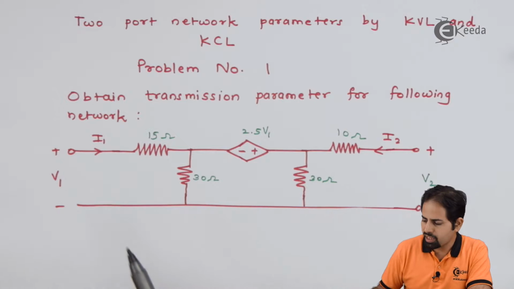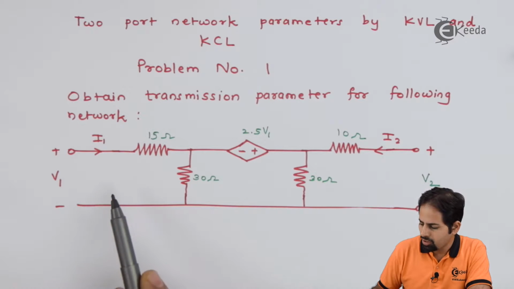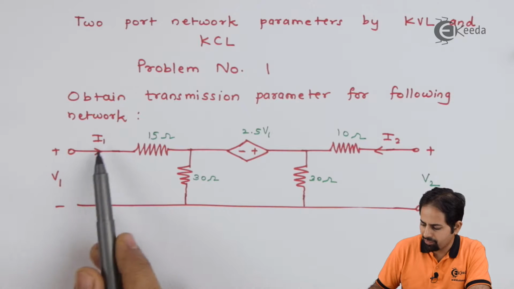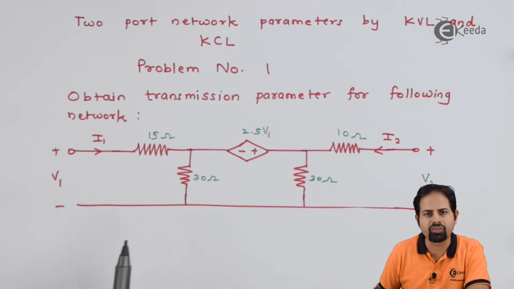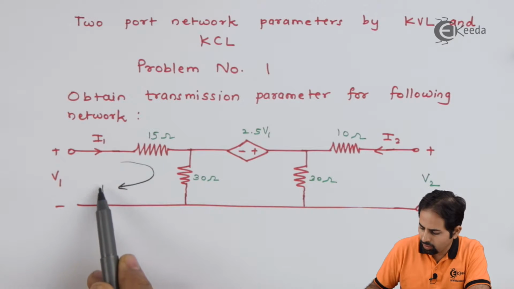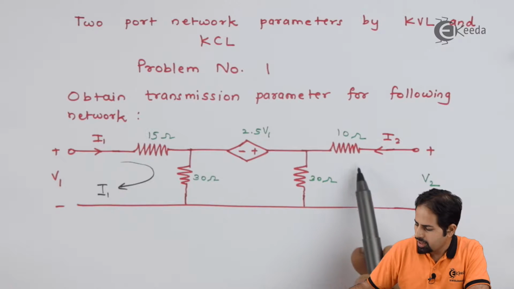So if we want to use KVL here, you have to take currents I1, I2 and I3, but already you can see I1 is defined and I2 also is defined. What we will do now is we will take this loop and call current as I1.